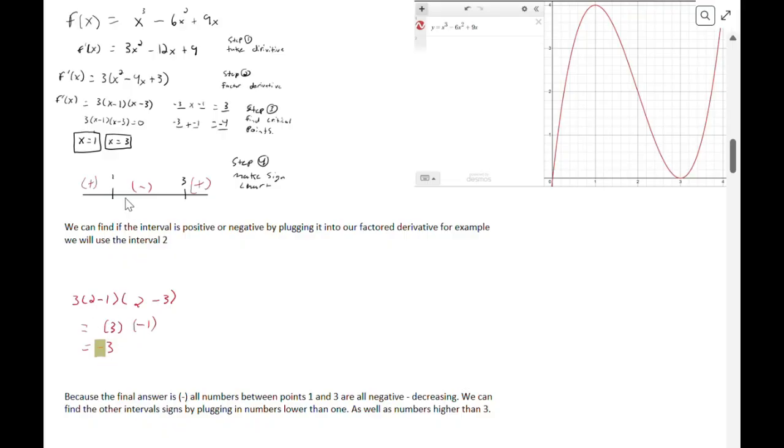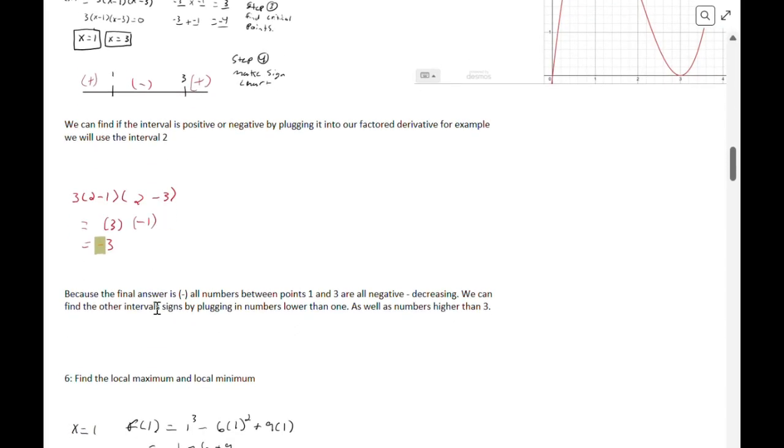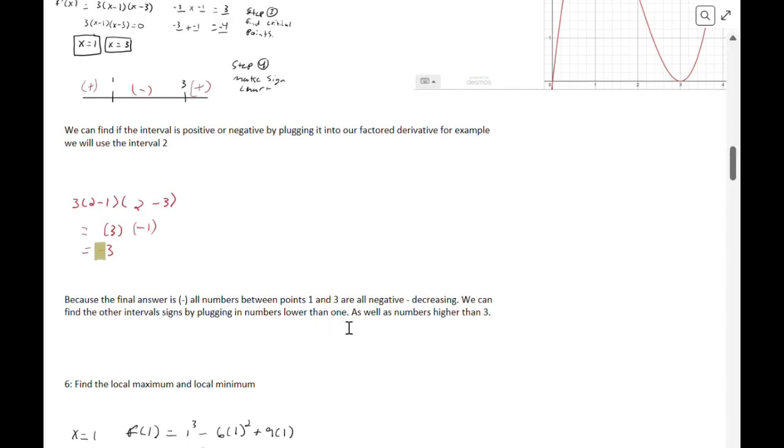This means that all the numbers in the interval between 1 and 3 are going to be negative, which means decreasing. We can find other interval signs by plugging in numbers lower than 1, as well as numbers higher than 3.